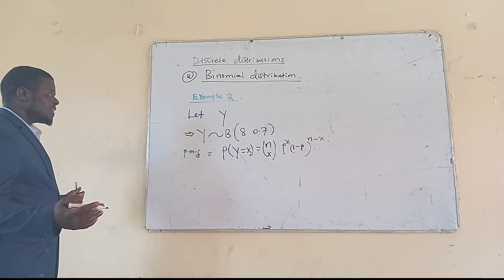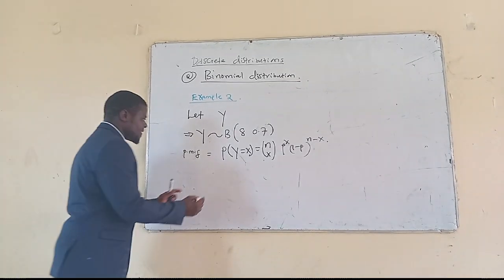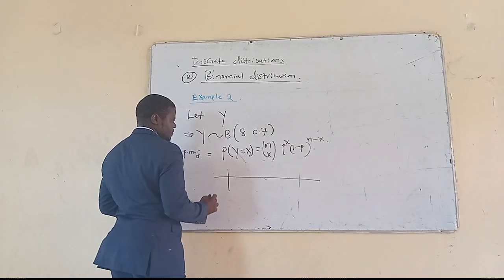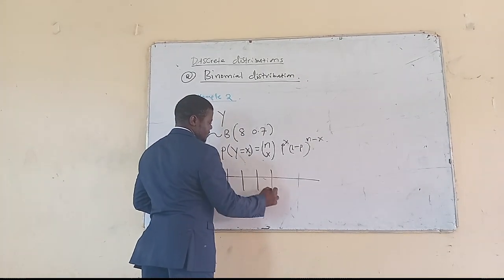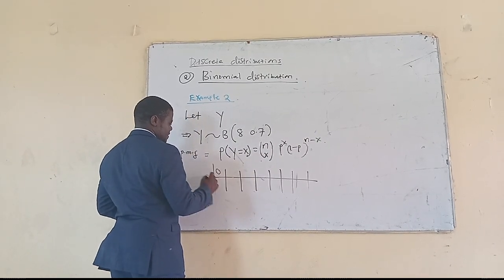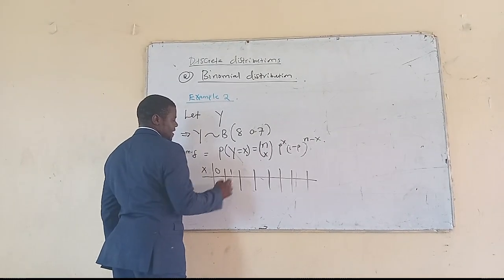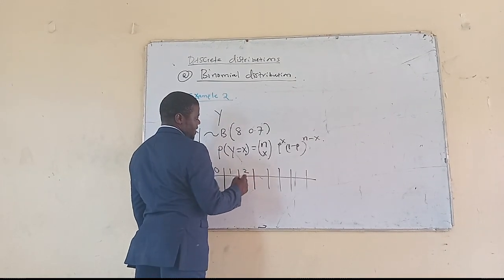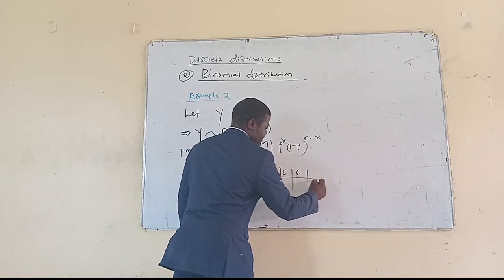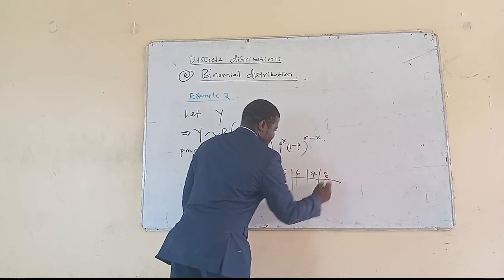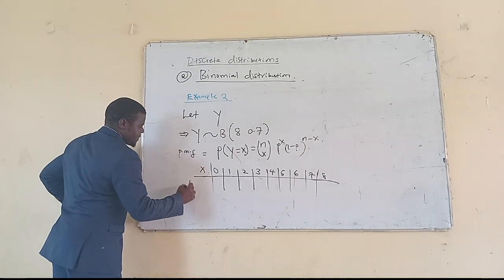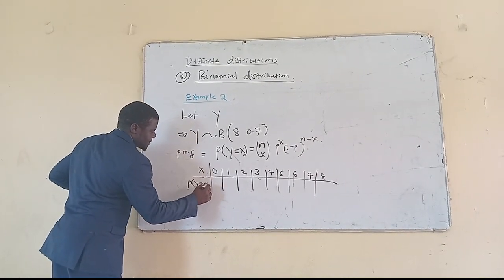There are eight possible outcomes. We have a situation whereby no egg is hatching, x equals 0, then one egg is hatching, two, three, four, five, six, seven and eight.